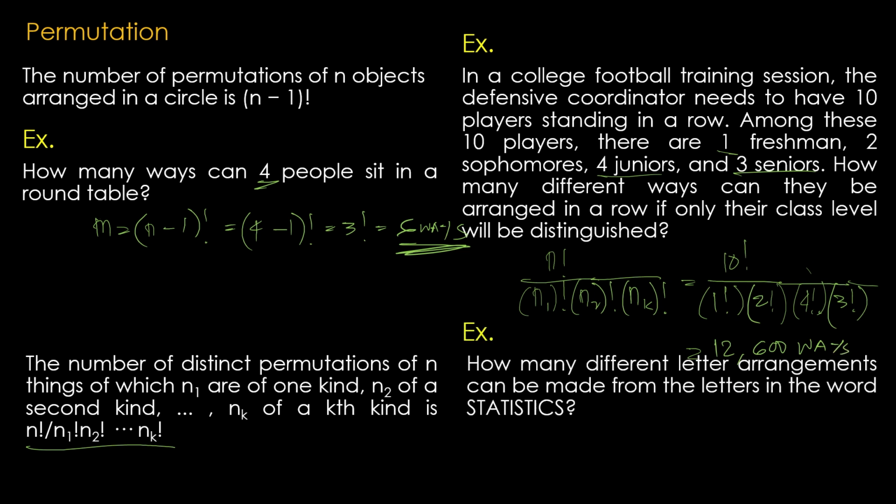May pa ba? And for the last example, similar letter. You are to compute how many different letter arrangements can be made from the word statistics. What's the total number of letters in this word? That would be 1, 2, 3, 4, 5, 6, 7, 8, 9, 10. There are a total of n letters, but some are the same.